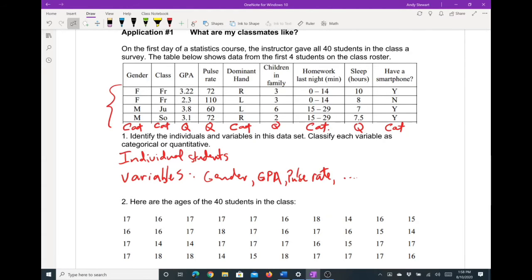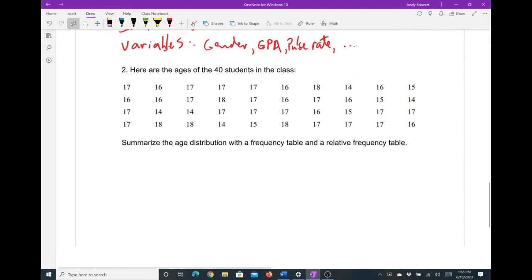Now, here are the ages of the 40 students in the class. Summarize the age distribution with a frequency table and a relative frequency table. So what we could do is we could set up a table that has age, frequency, and relative frequency. So 3 rows.